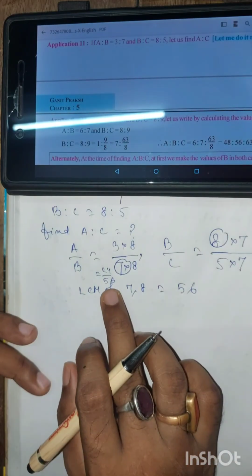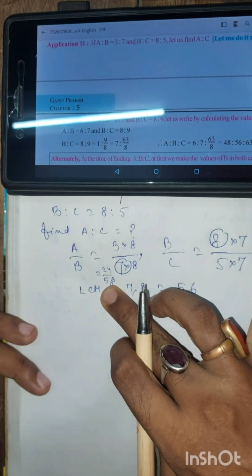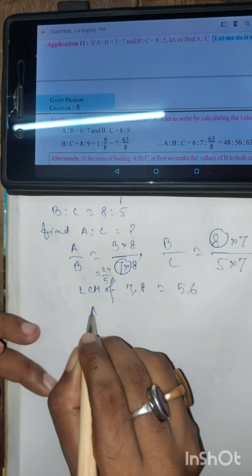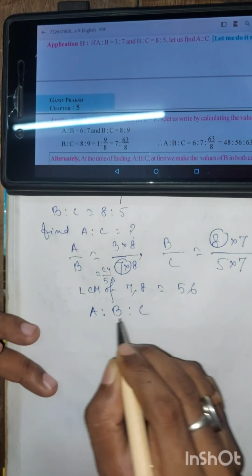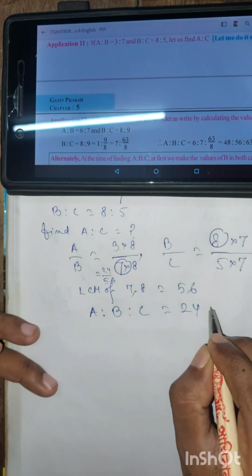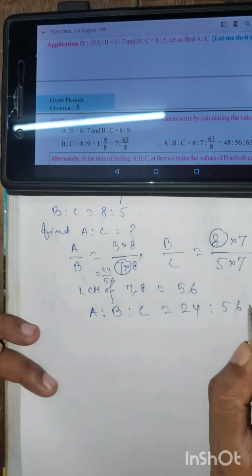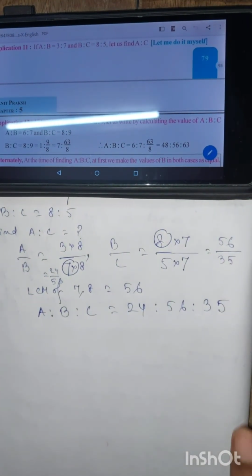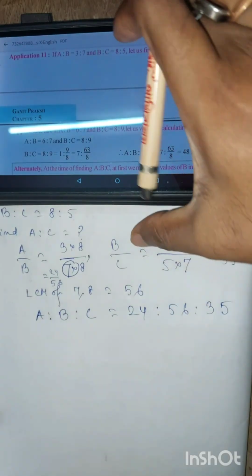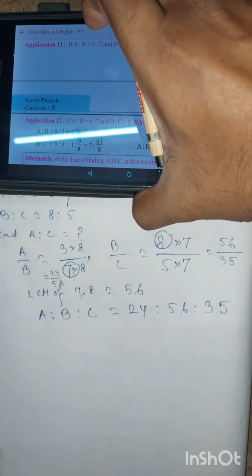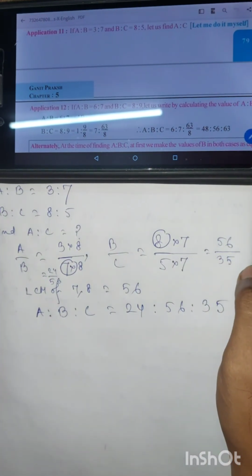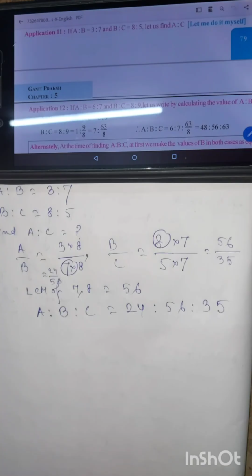Now when the B part is same, now we can compare A, B and C in the form of ratio. So A is to B is to C is equal to 24 is to 56 is to 35. You need to remember this technique.